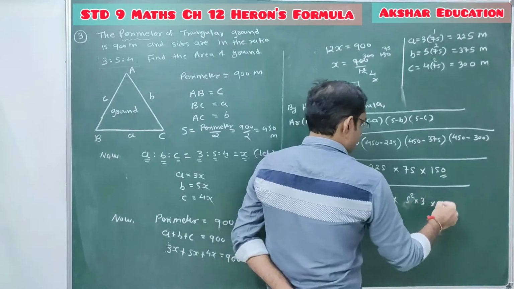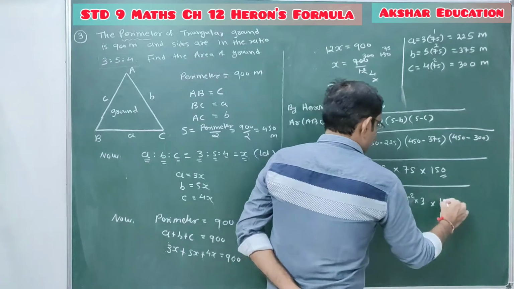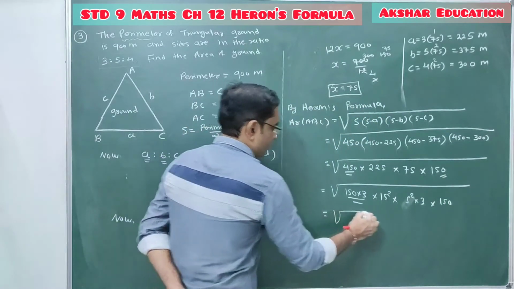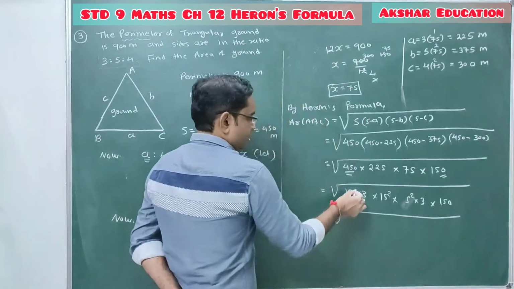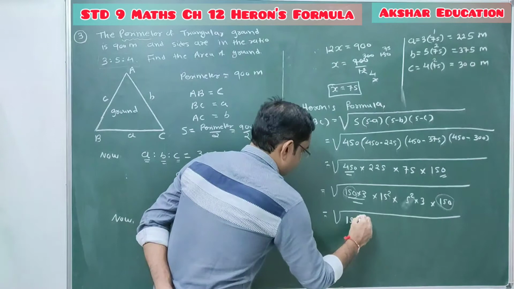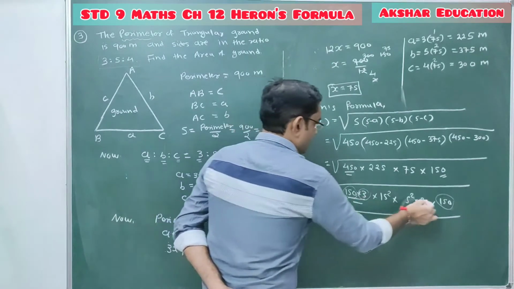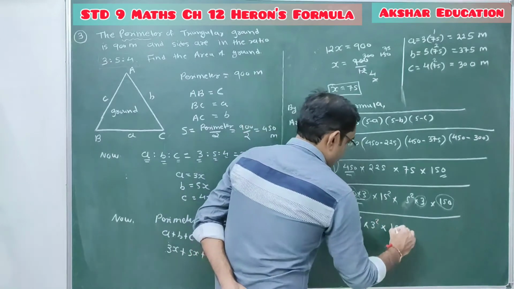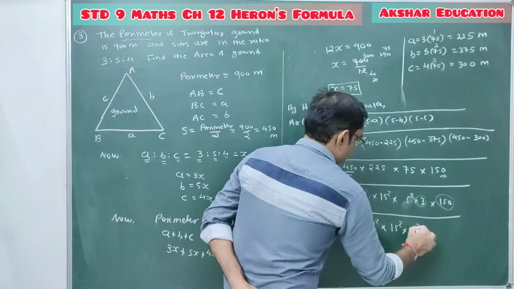So 5 square into 3, and this 150 as it is. Done. So these are the pairs of numbers. Which pair? 150 into 150, so it's 150 square. 3 into 3, so it's 3 square, 15 square and 5 square.